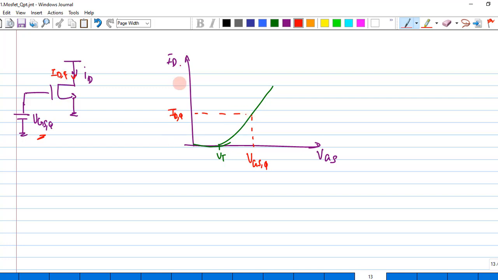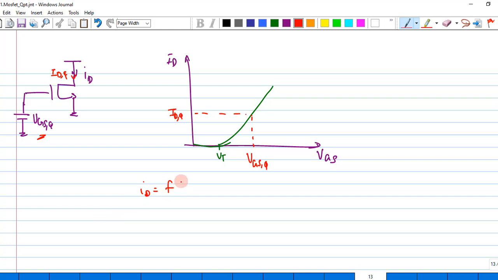Now, I want to build the current relation between the VGS and the ID by using the Taylor expansion that we spoke about, okay? Now, can I use this known value to entirely construct the current graph around this particular spot, just with the IDQ value known? I just want to build this, okay?